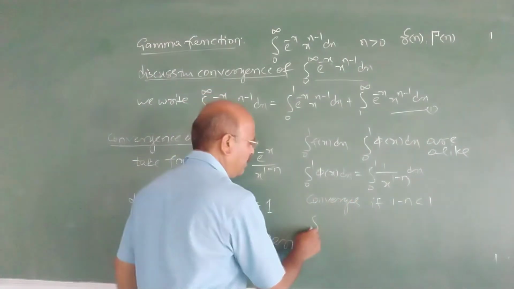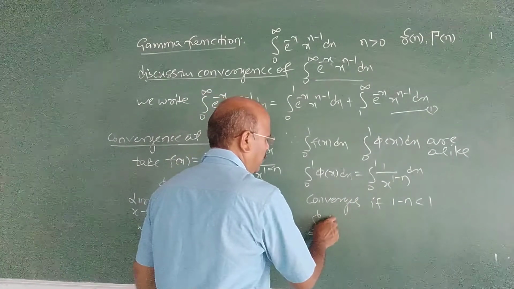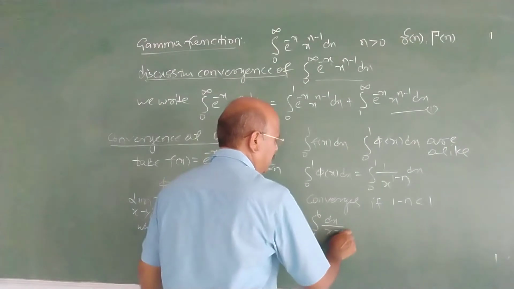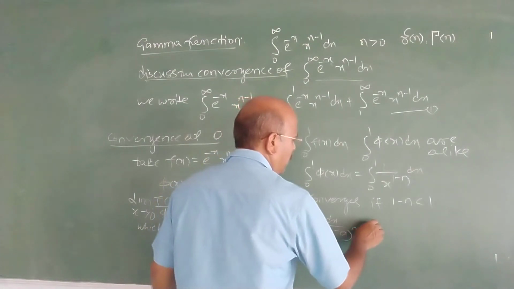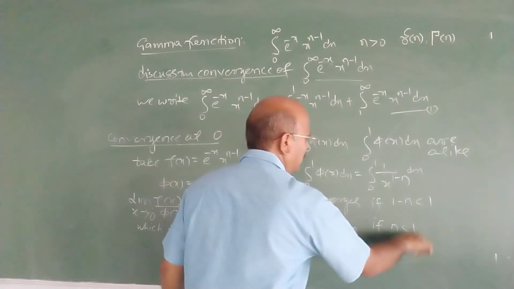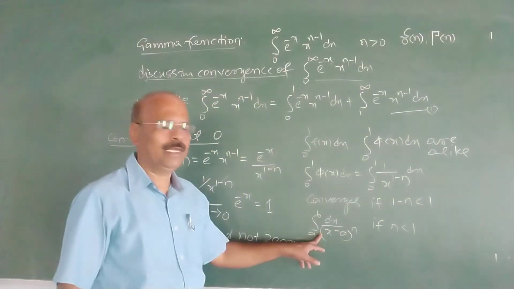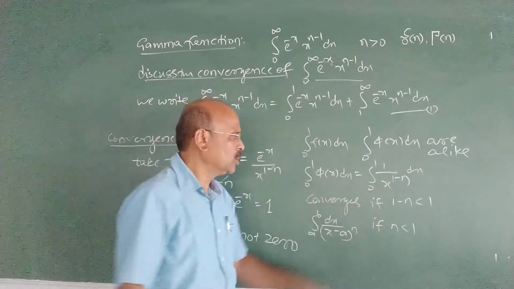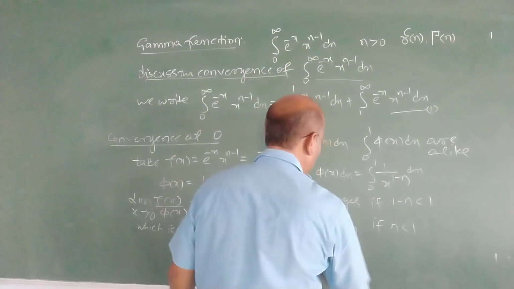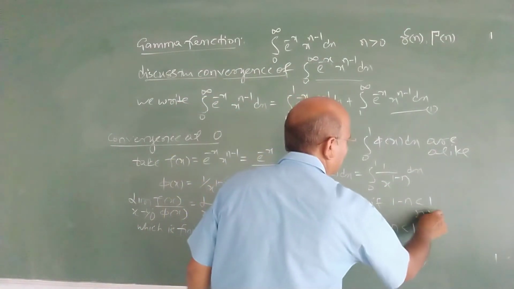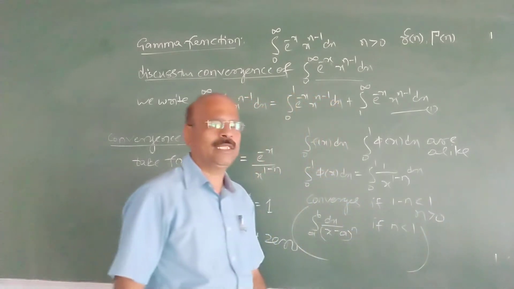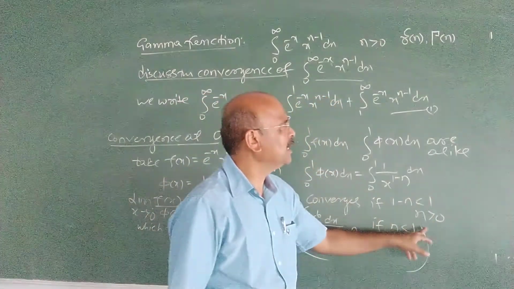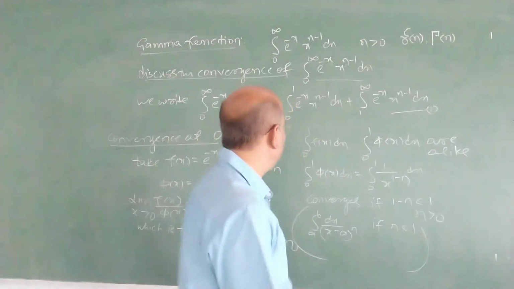We have used the standard integral for comparison here. What is the standard integral? Integral a to b of dx by (x minus a) raised to n converges if n is less than 1. It is of this form because a is 0 here. So it converges if n is greater than 0. 1 minus n is less than 1 means, transposing, n is greater than 0.